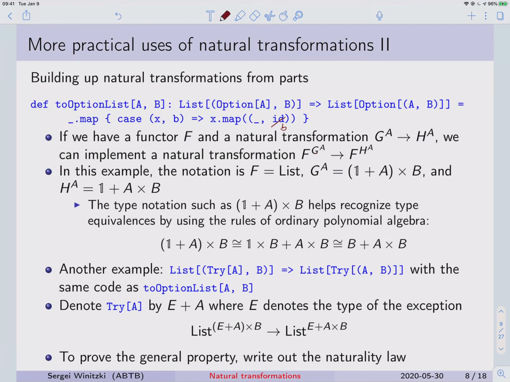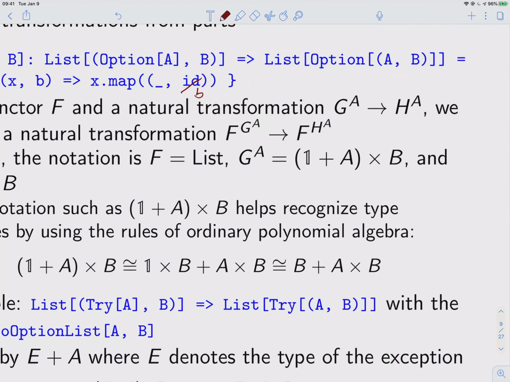So let me help you see the Scala signature for this. It would be f of g of a going to f of h of a.